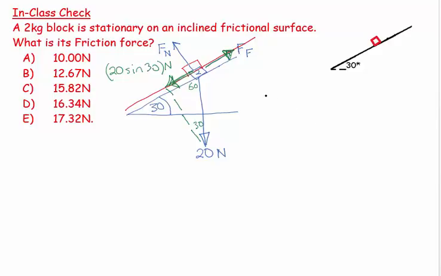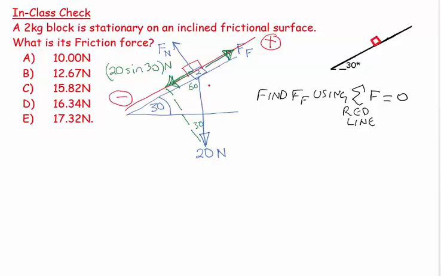So I'm going to say find Ff using the sum of the forces along, let's say, the red line equals 0. My red line needs a positive end and a negative end, so let's call this end positive and this end negative. It doesn't matter which one I do as long as I'm consistent with how I treat the problem from then on.